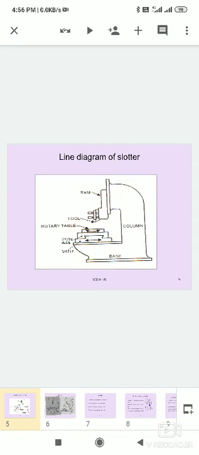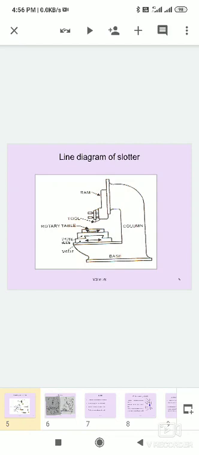And feed mechanisms. In a slotter, the feed is provided by a rotary table. The work may be fed in the following directions, that is, longitudinal, cross and circular. These are the explanations of the feed mechanism in these types.